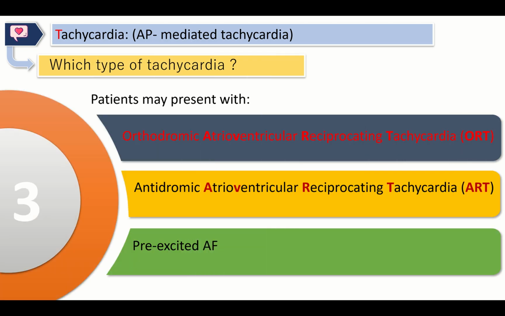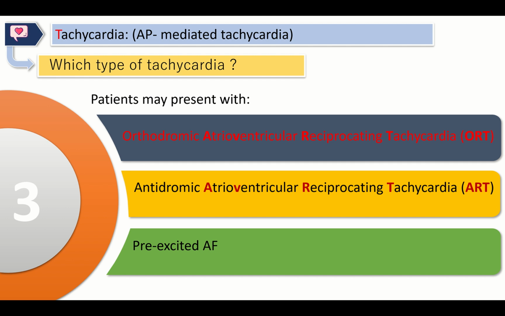Now let's go to the next golden rule, accessory pathway and tachycardia. How does it present and participate in tachycardia? We have 3 scenarios. First clinical scenario is orthodromic atrioventricular reciprocating tachycardia, and it is a narrow complex tachycardia.